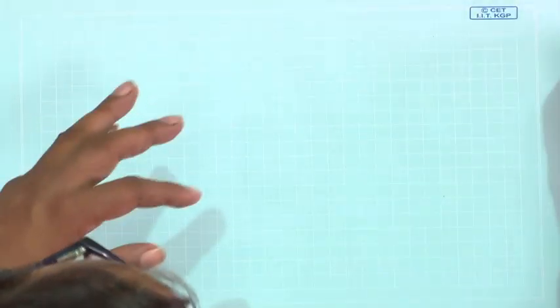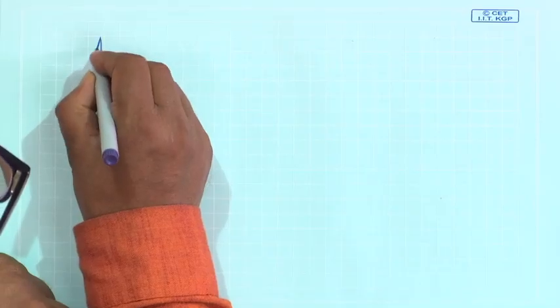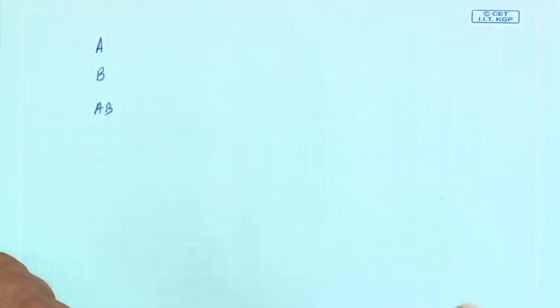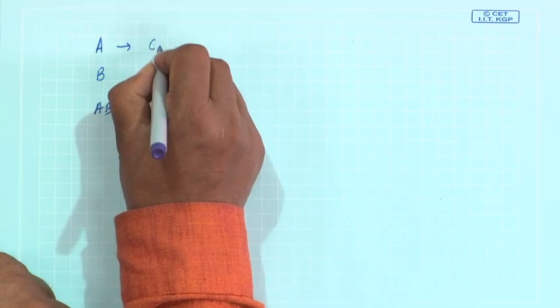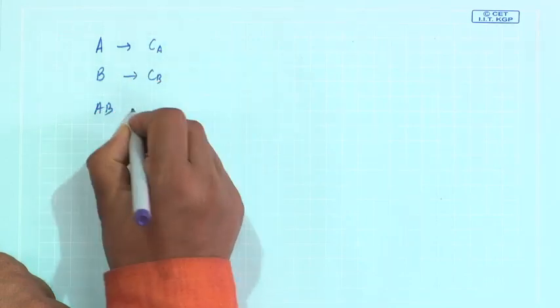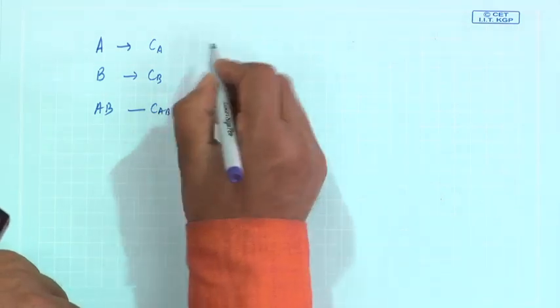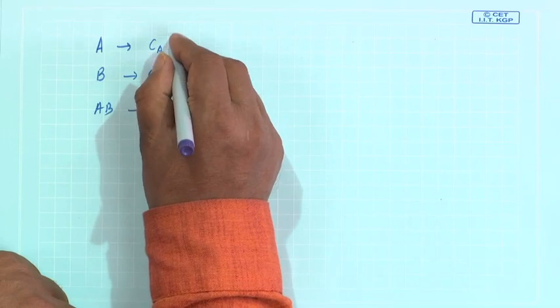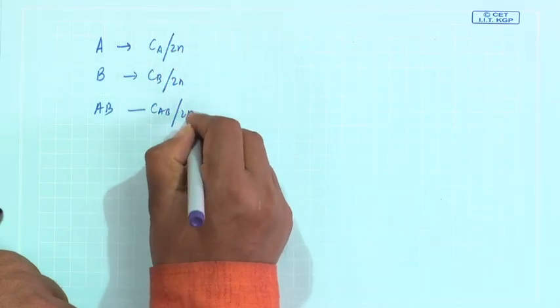So, when you want to compute any effect, you first know what the effect is, either A, B or AB. As such, for others we will discuss later on. Find out the contrast. So, the contrasts are C A, C B, C AB. If you want the effect of A, then it is contrast divided by 2n, and similarly for the others divided by 2n.